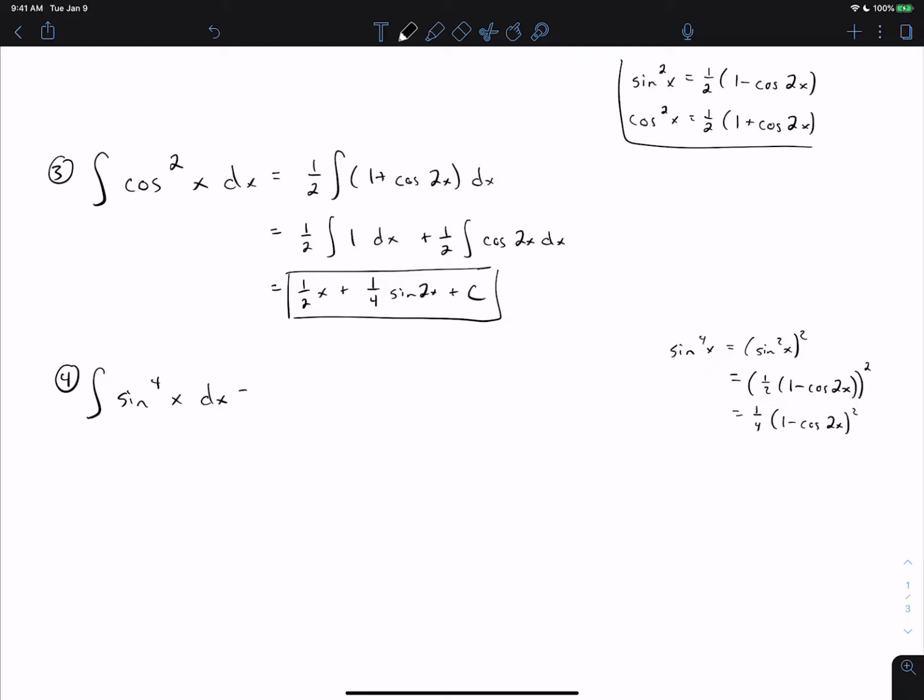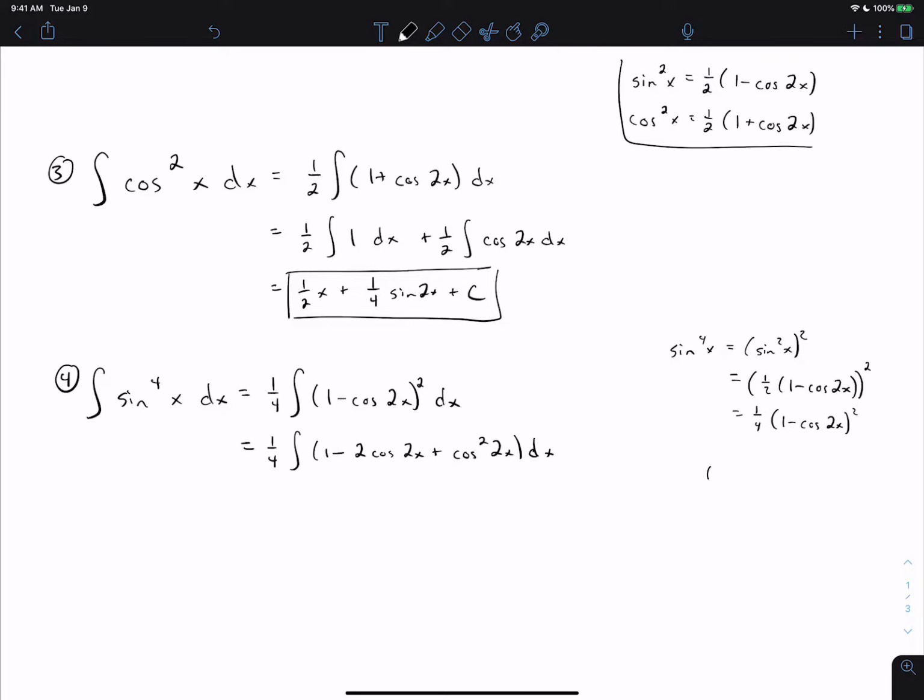So the first step on the integral is we're going to pull the 1/4 out and rewrite the rest of this as 1 minus cosine of 2x squared dx inside the integral. We can expand that by distributing. So we get 1 minus 2 cosine of 2x plus cosine squared of 2x dx.